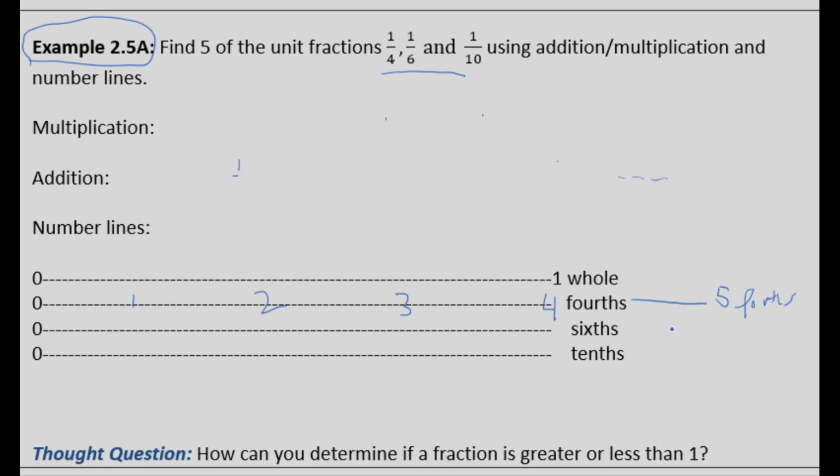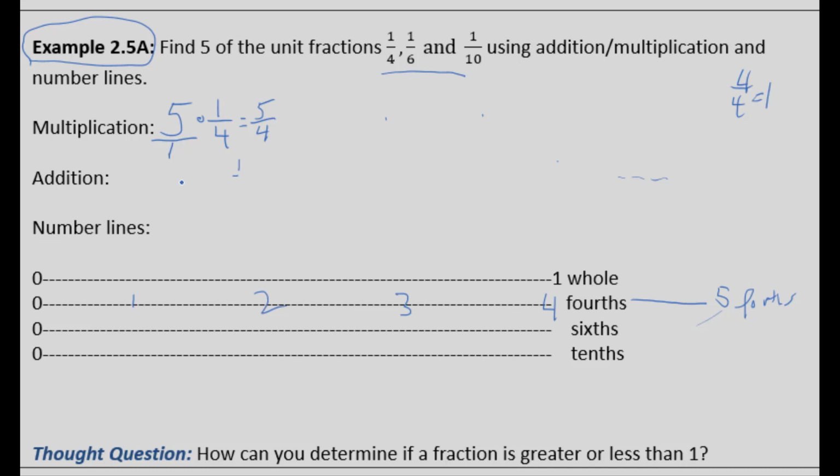So it's more than 1, which should be intuitive to you because 4 over 4 equals 1. And if you want to do it with multiplication, we simply say 5 times 1/4. And for those of you that need this, we can put a 1 on the bottom. We multiply the numerators, and then we multiply the denominators.